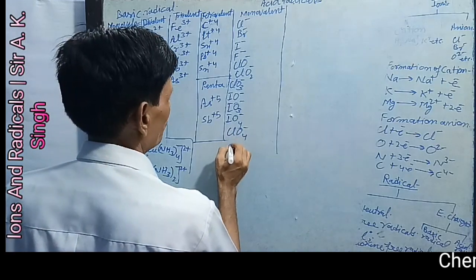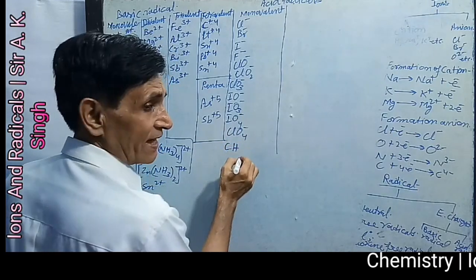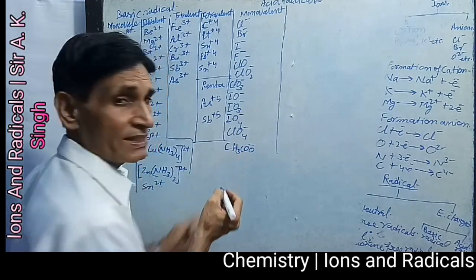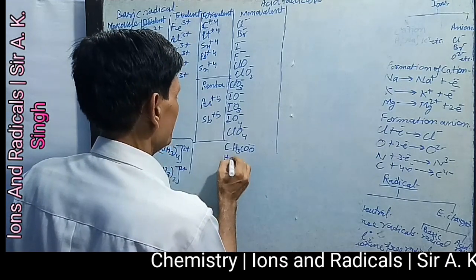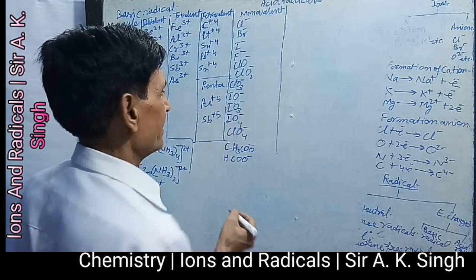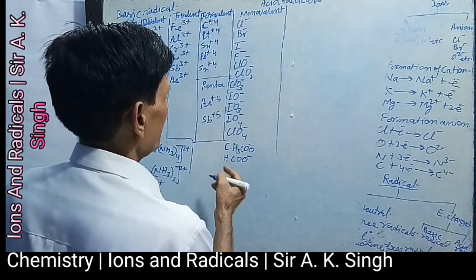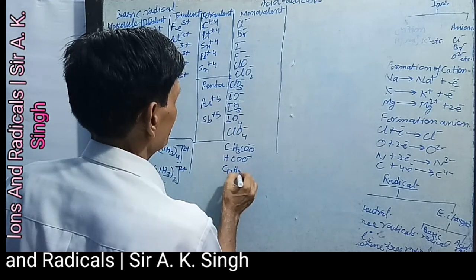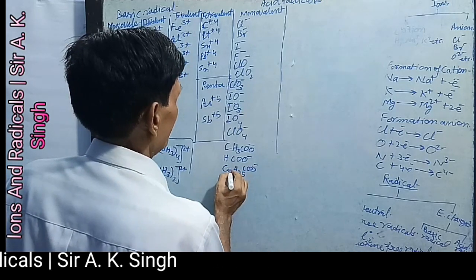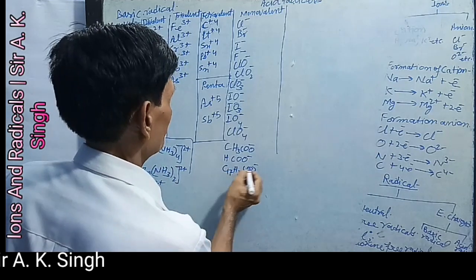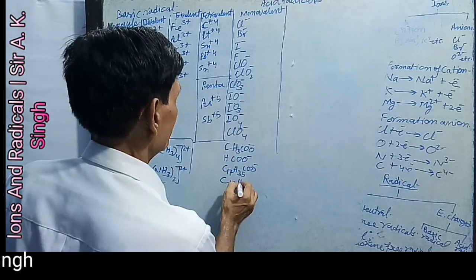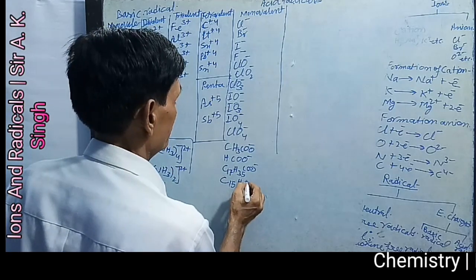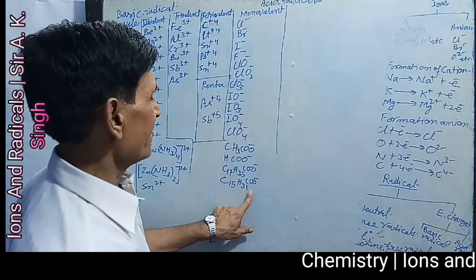Some more examples of monovalent anions are organic anions, CH3COO minus, acetate anion, formate anion, and after that stearate anion, palmitate anion.